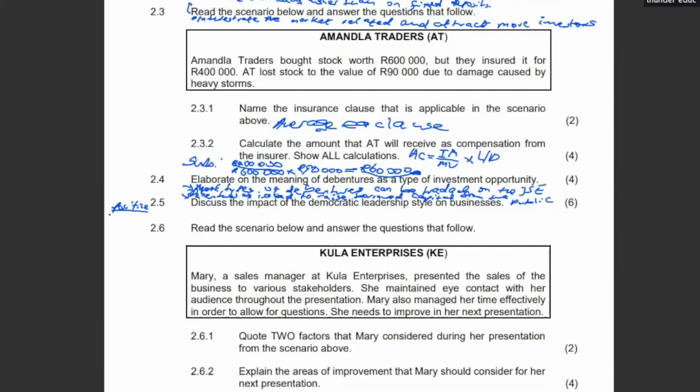We are saying that complex decisions can be made with inputs from specialists or skilled workers.